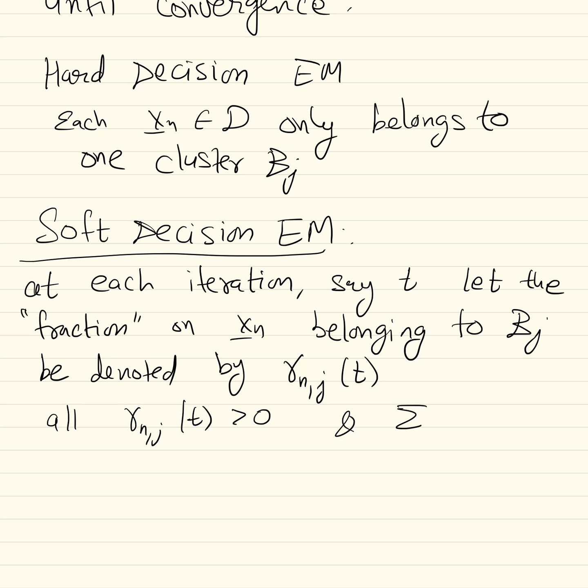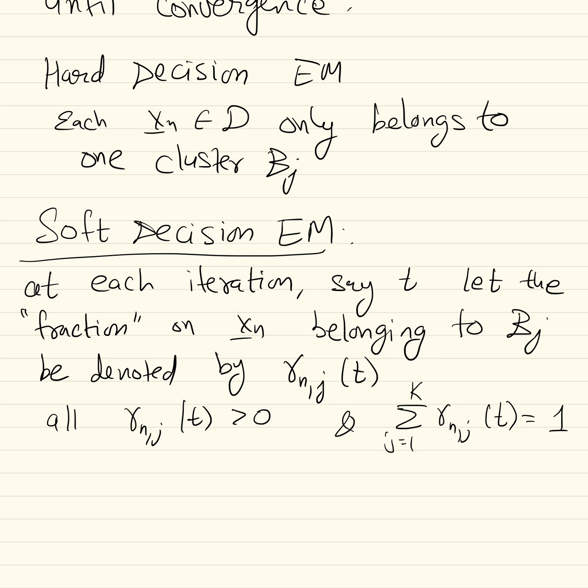And if we sum gamma nj across j, they should sum up to 1 because these are fractions of each point. So we are going to say a certain fraction of the first data point belongs to cluster 1, a certain fraction belongs to cluster 2, and so on.